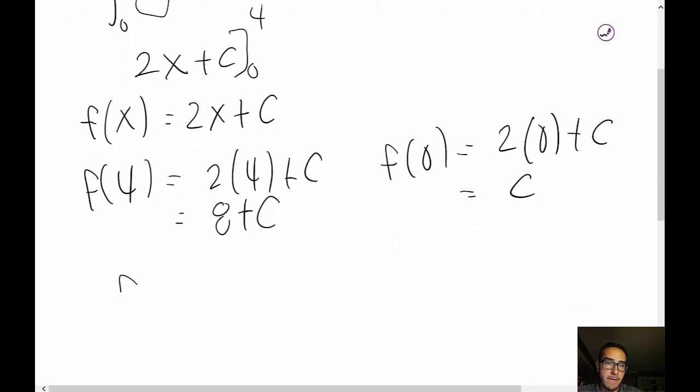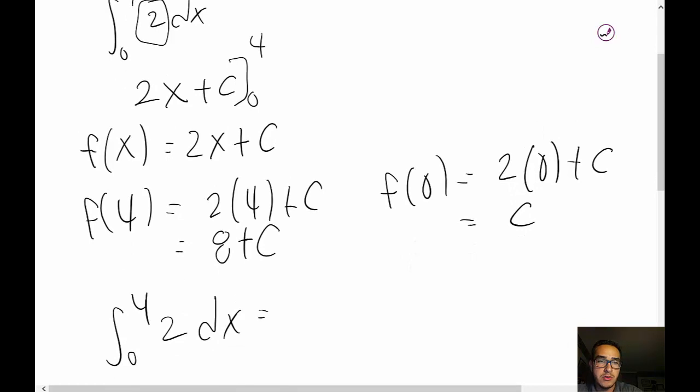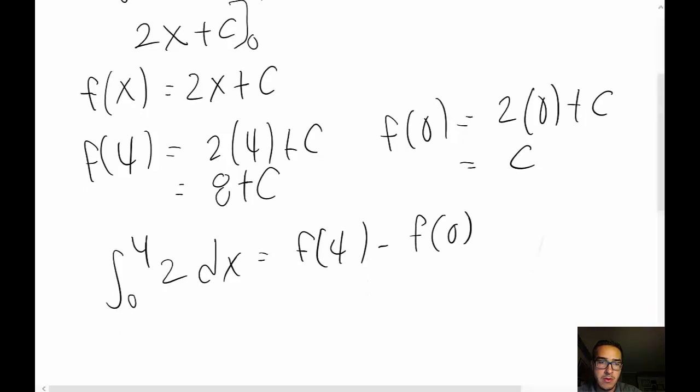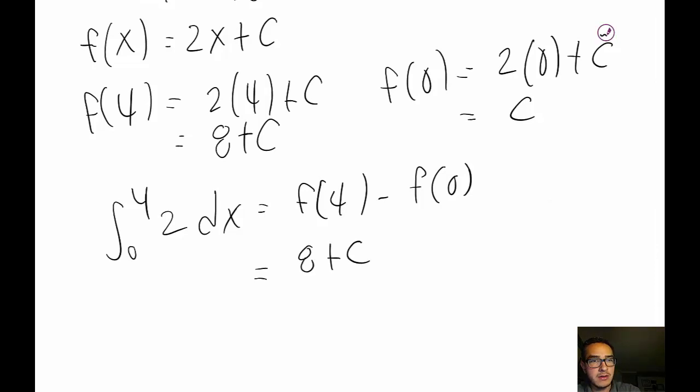So the integral from 0 to 4 of 2 dx is equal to f of 4 minus f of 0, which is equal to f of 4, which we know is 8 plus c, minus f of 0, which we know is c.